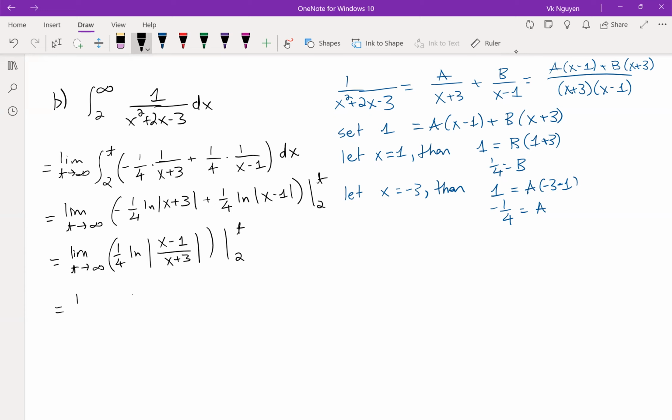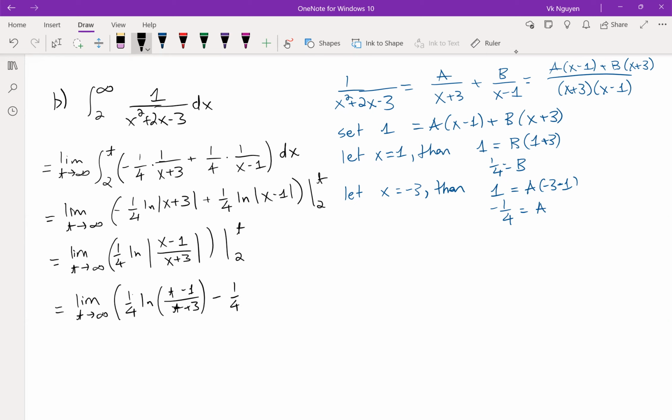This is equal to the limit as t goes to infinity of 1/4 ln of t minus 1 over t plus 3. We can get rid of the absolute value because the expression inside the absolute value is always positive for t more than 2.